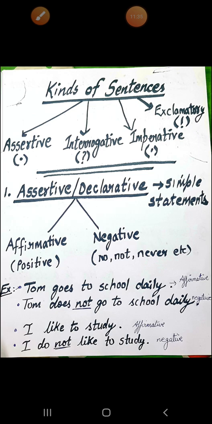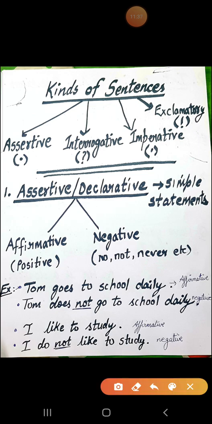Let's see our first one. What is the first one? Assertive or declarative. There is one more word for assertive sentences, that is what? Declarative.